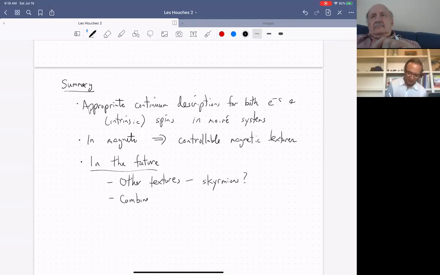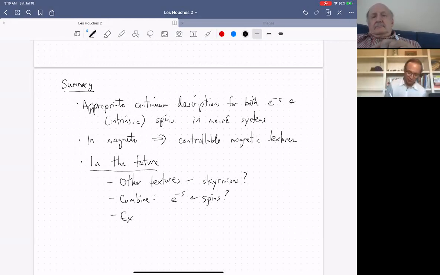Since we have continuum descriptions for spins and continuum descriptions for electrons, it's pretty obvious that these should be combined. And that should further enrich the electronic physics of these, if you like, Hubbard model simulators, for example.